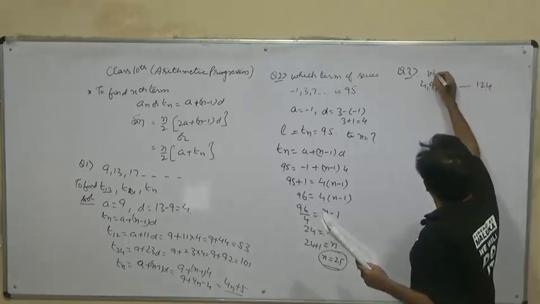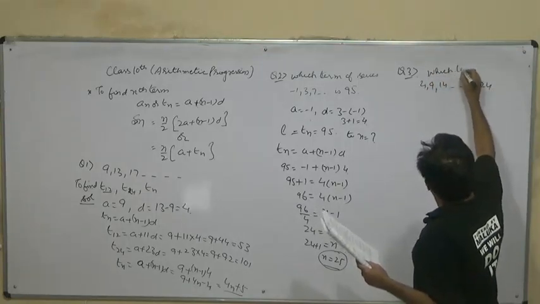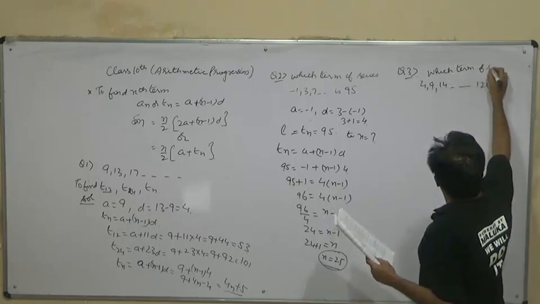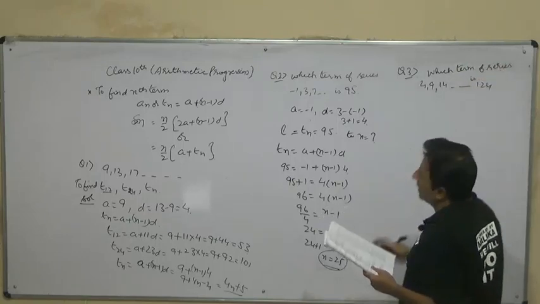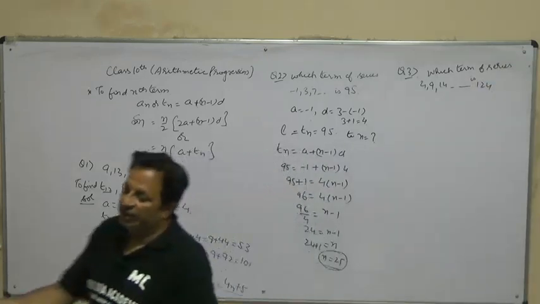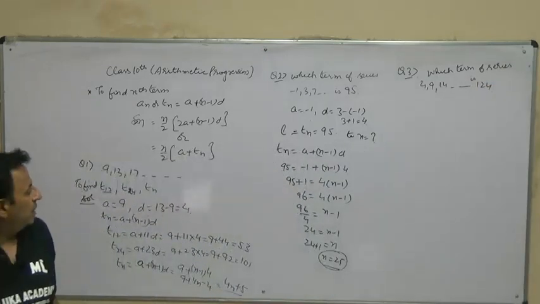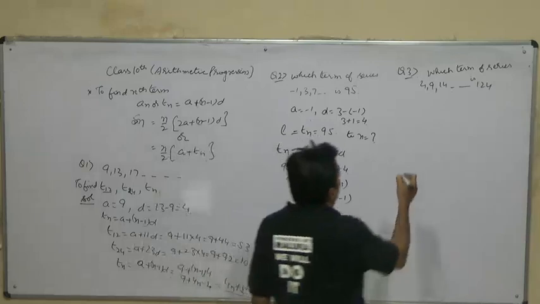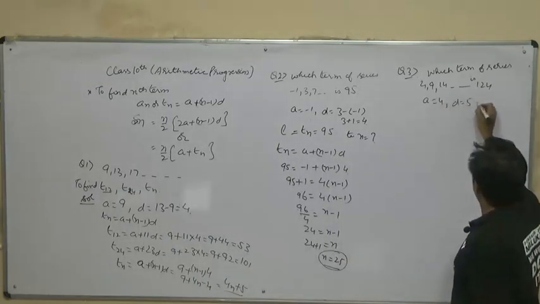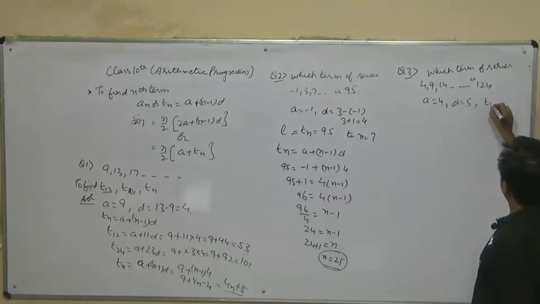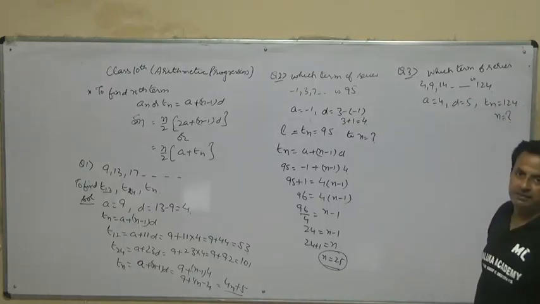Which term of the series is 124? So same question with different values, same formula. So what we will do, value of a is 4, d is 9 minus 4 is 5, then Tn is equal to 124. We have to find the value of n here.